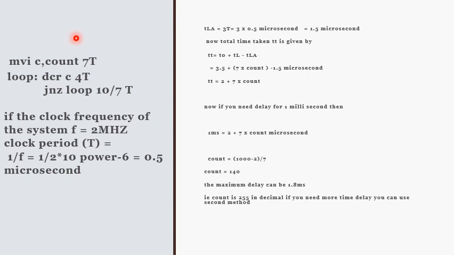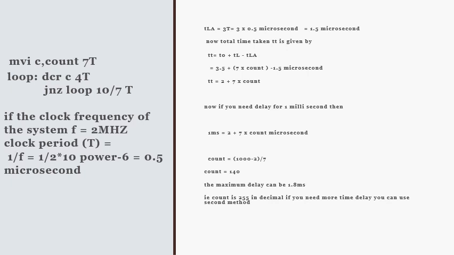FF is equal to 256, isn't it? So 256 in decimal and FF in hexa is the maximum count value which we can load, right? So if we load FF, we can make a delay of 1.8 milliseconds only.